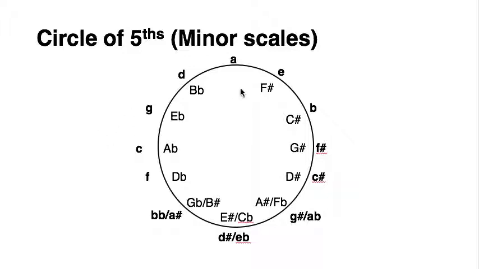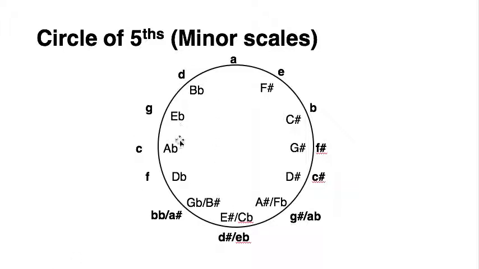Notice that at the top of the circle we have A minor, so it's not a C anymore, it's A minor because A minor is the minor scale that does not require any accidentals. The rest works the same way. Going clockwise means transposing the minor scale by ascending perfect fifths. Going counterclockwise means transposing the minor scale by descending perfect fifths.